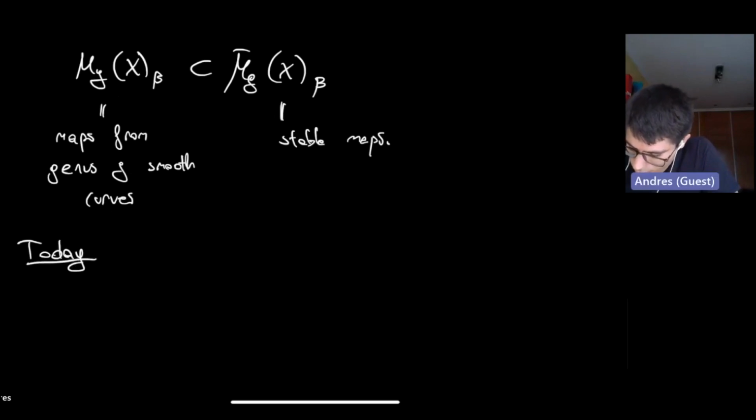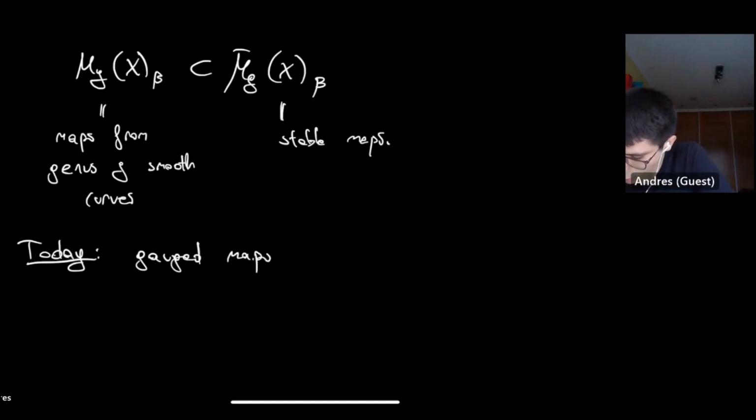Okay, so today, the main thing that we're going to be looking at is, instead of maps into a projective variety, gauge maps. So they're going to involve some kind of symmetry. So today we're going to look at gauge maps from Riemann surfaces or from curves.